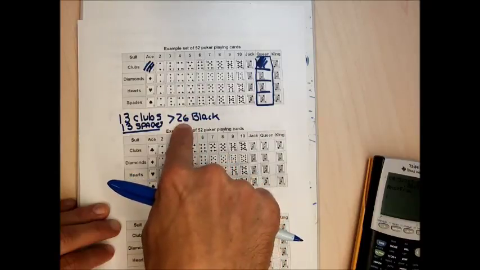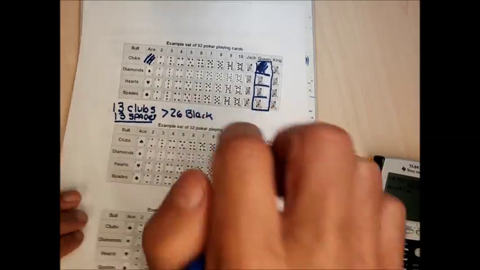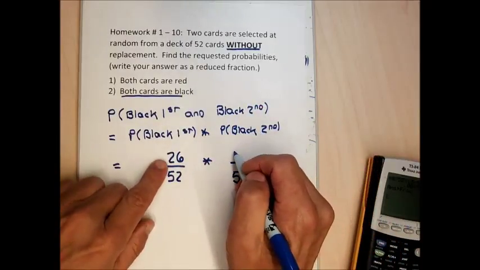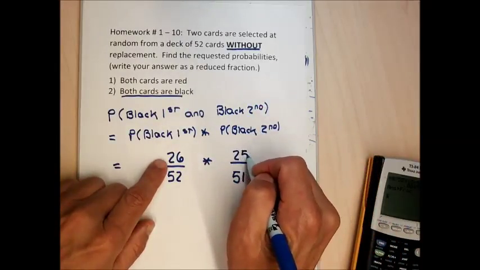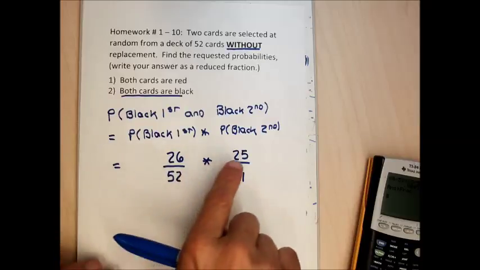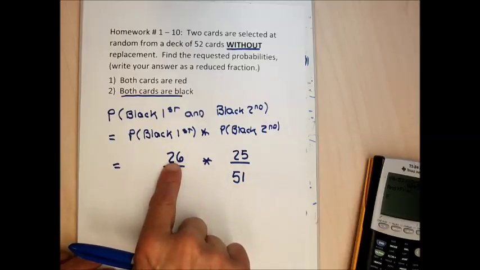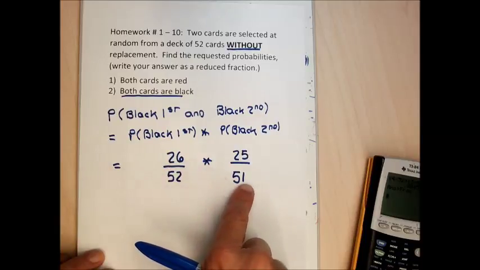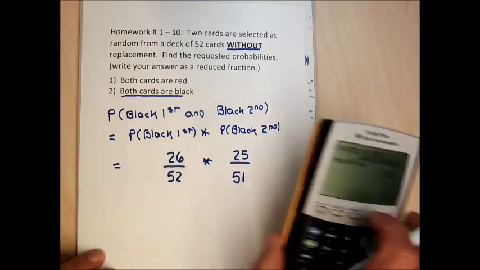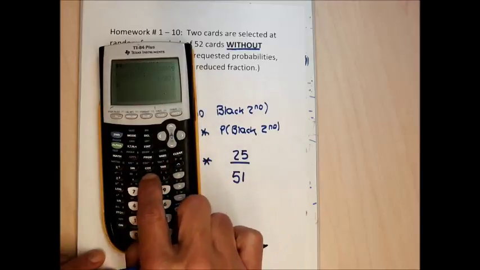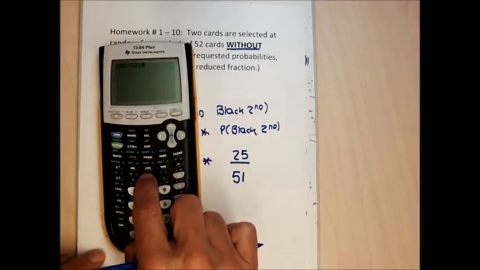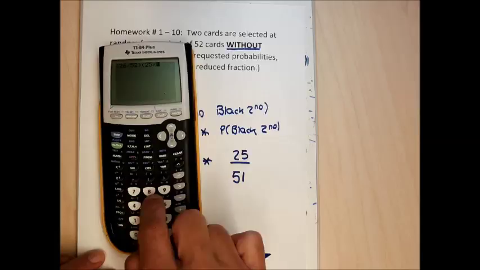So the number of black cards I have to choose from for my second probability is going to be 25, because I'm assuming this card was taken and it was black. So the second numerator goes down by 1 because the 26 black cards are no longer all in my deck. Not only do I have 1 less card, I have 1 less black card. Let me multiply these fractions together: 26 over 52 times 25 over 51.